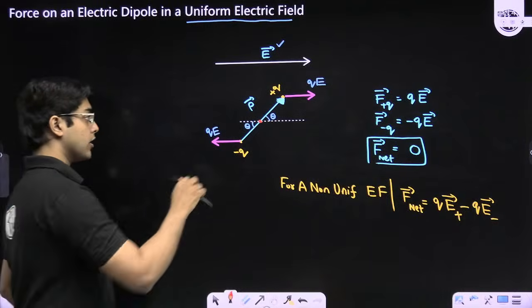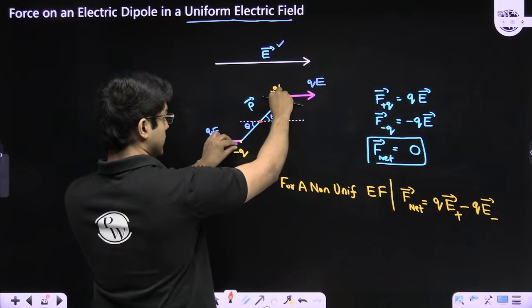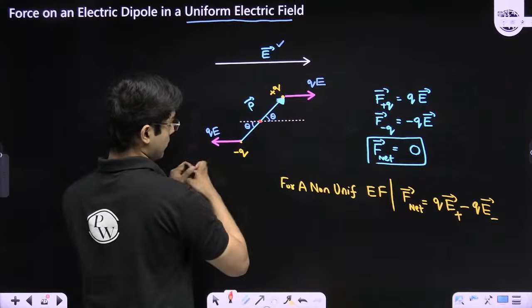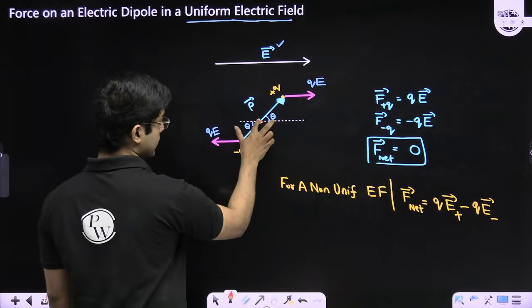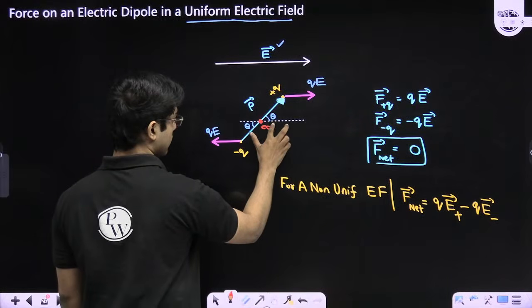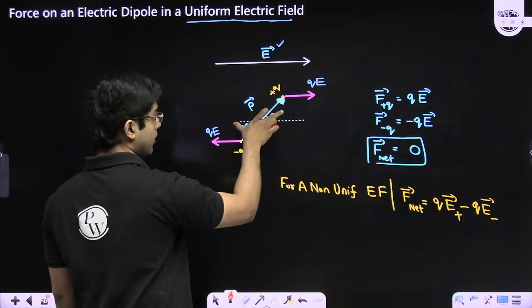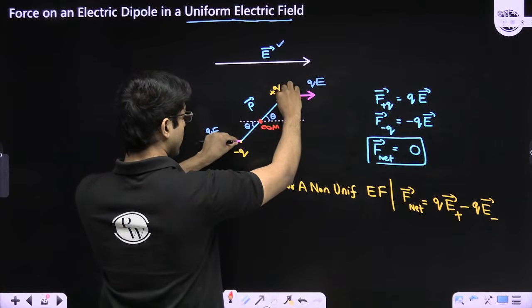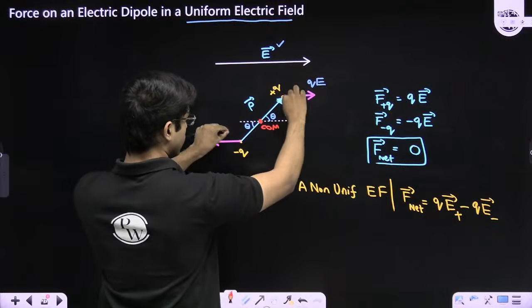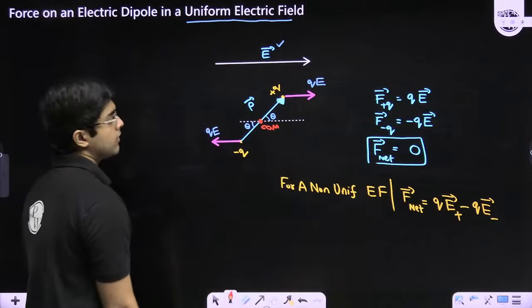Next idea is, as you can imagine, this is going to rotate the dipole about the center of mass of the dipole in the clockwise sense. You can imagine pulling on these two balls like this, so it will rotate clockwise.